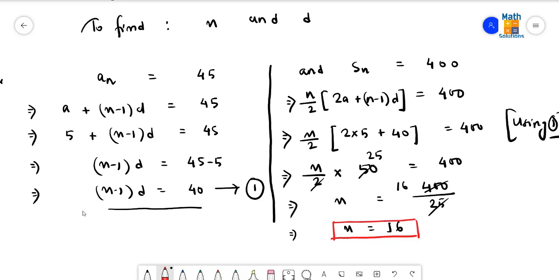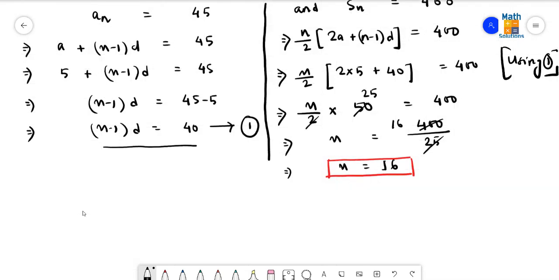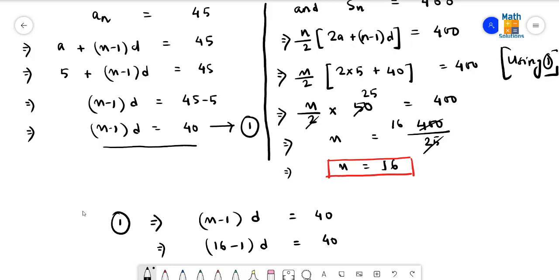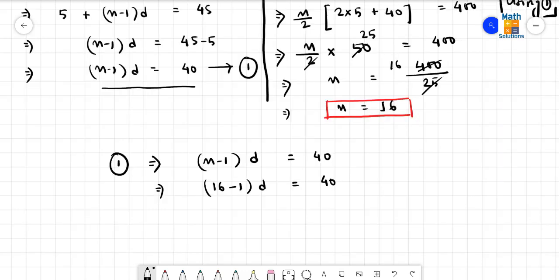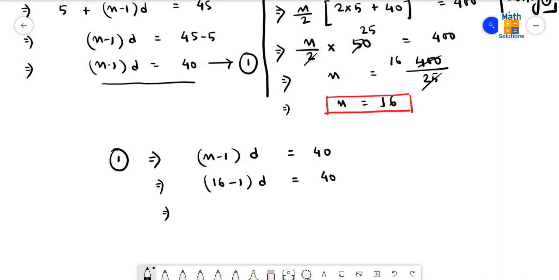Then after we shall come to equation 1. So in 1, what did I get? n minus 1 into d is equal to 40. So in place of n we shall be putting this 16, 16 minus 1 into d is equal to 40. After this we shall get what? 15d is equal to 40.